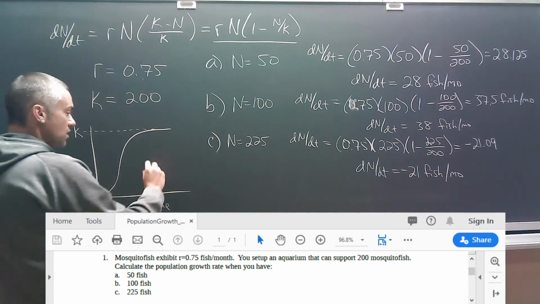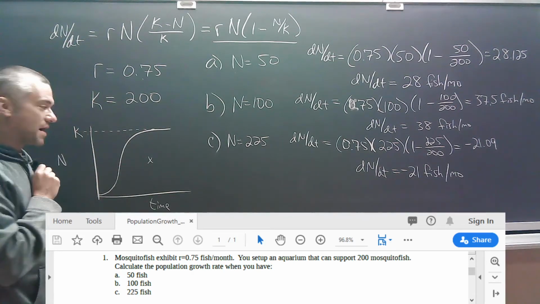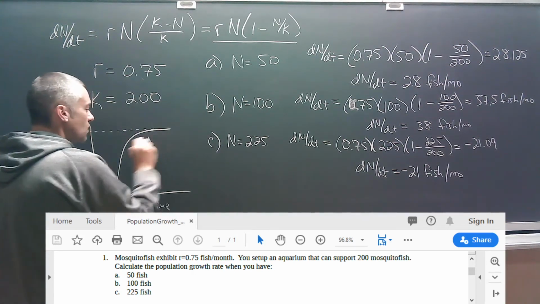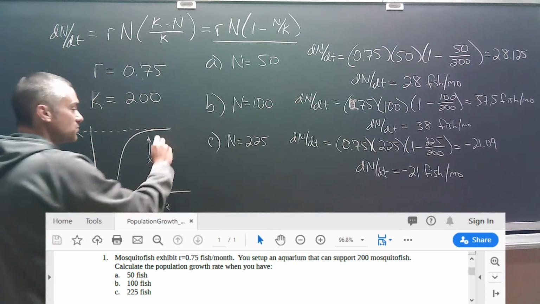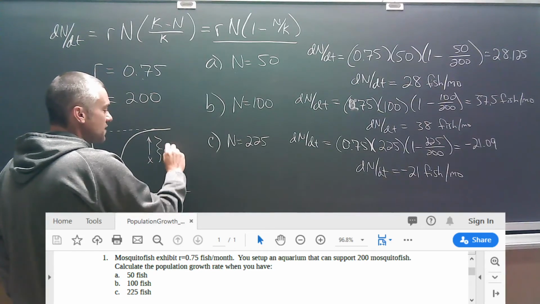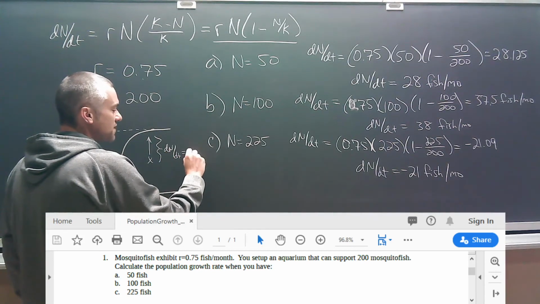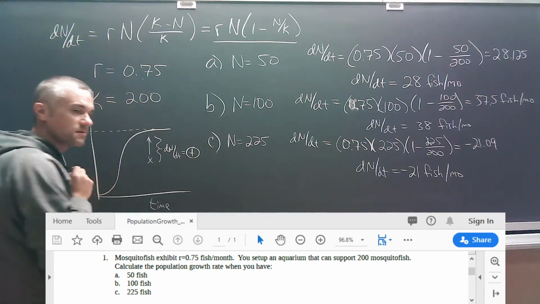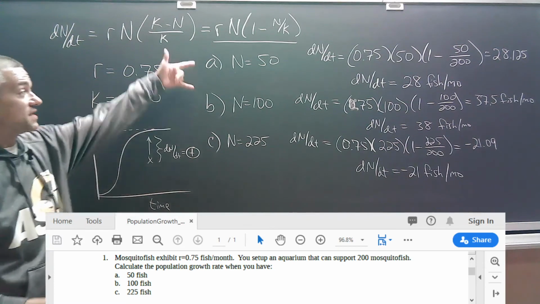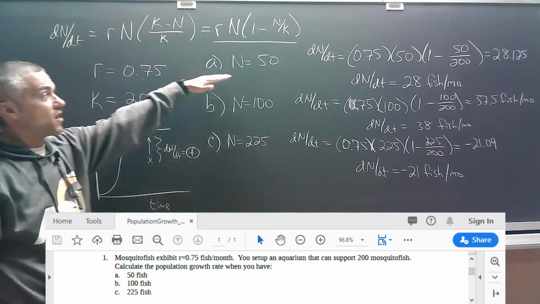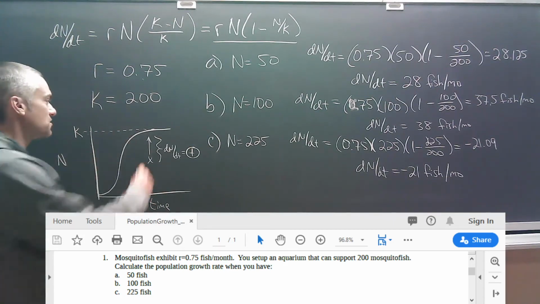If we are below our carrying capacity, down in this area for our population size, our population wants to grow to get up to that carrying capacity, which means our dN over dt is going to be a positive value. We're going to experience population growth. And that happens here in both A and B. Our population size is below our carrying capacity, so we exhibit population growth.